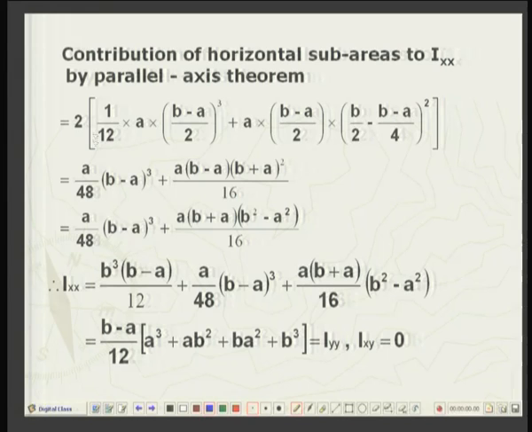So, this is the Ixx dash about the middle axis, and then by the parallel axis theorem we will have A times d square. A is the area of the rectangle, that is width a, depth b minus a by 2. So, this product gives me the area of the rectangle times the distance of the middle of the rectangle from the x axis over here.